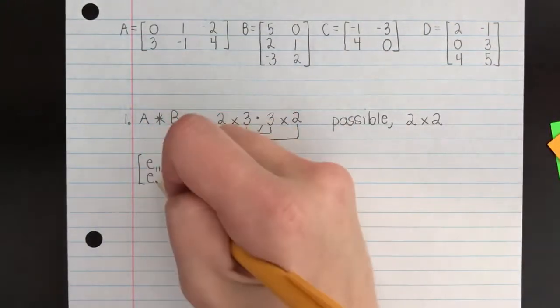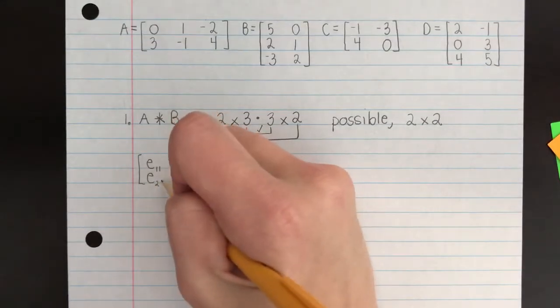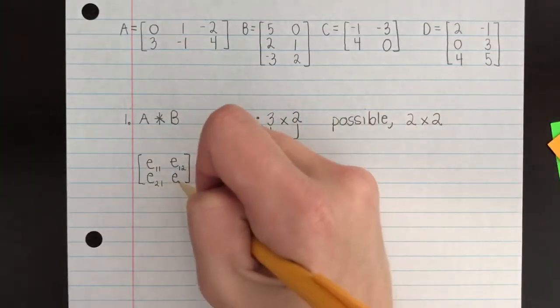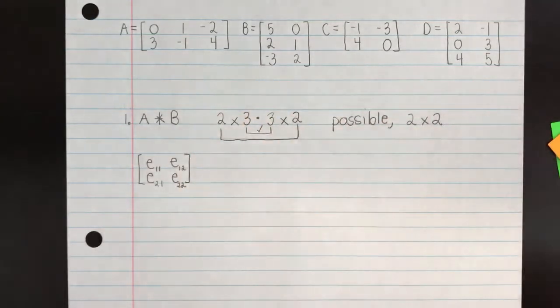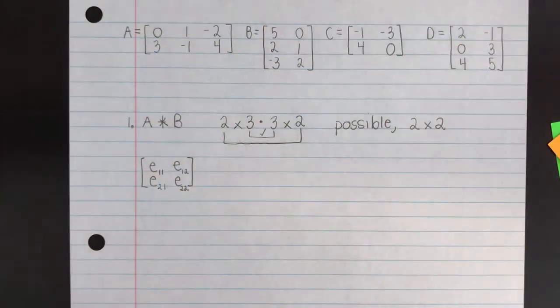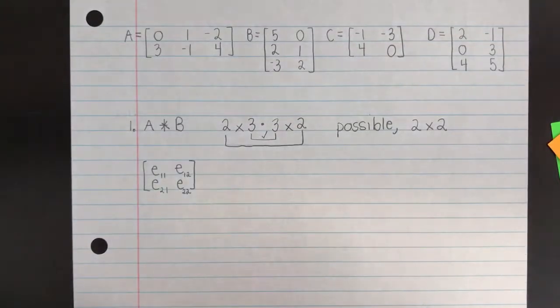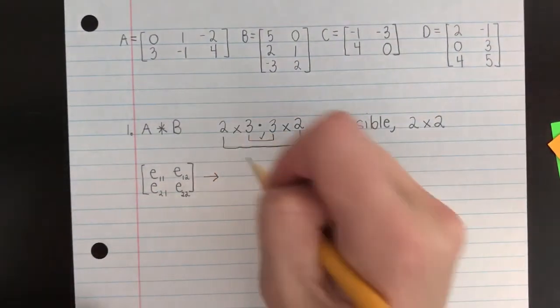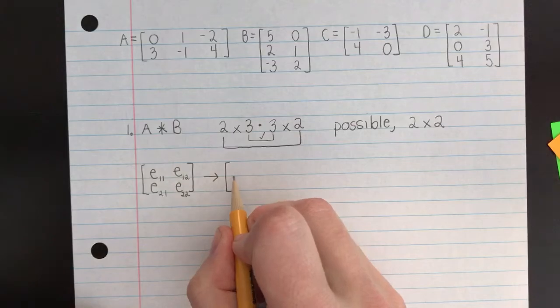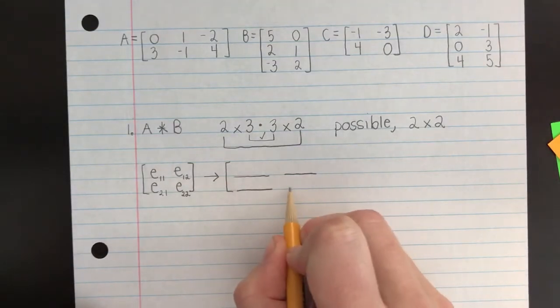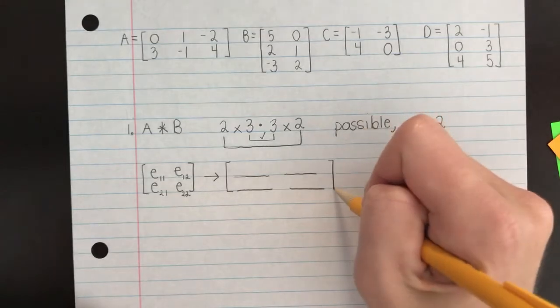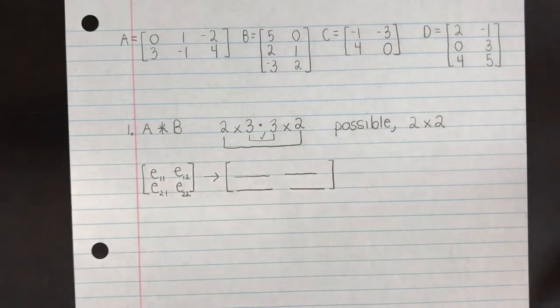This element is in the location of row 2, column 1. This element is in the location of row 2, column 2. That's going to help me see what to multiply together to get my answer. So I have 4 elements within my answer matrix. Okay, so I'm going to draw 4 spaces. All right, and then I'm going to go ahead and start to multiply.